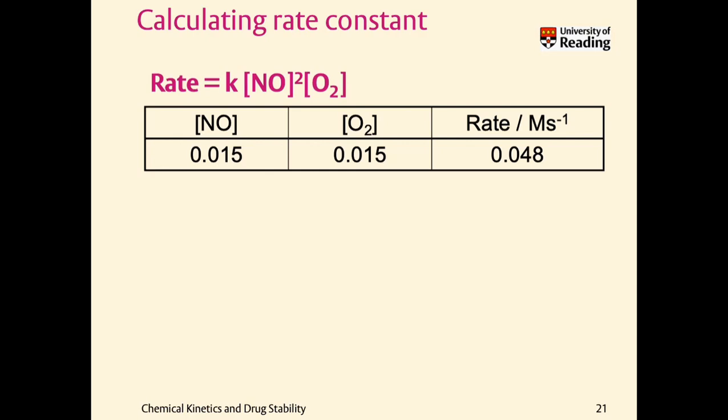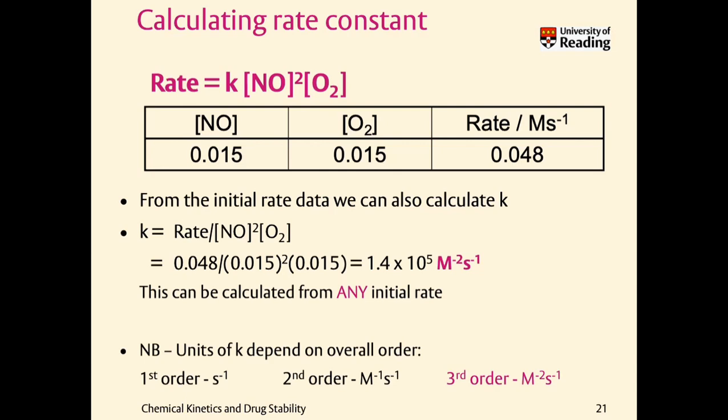In this case, the units of the rate constant are molar to the -2, seconds to the -1. If the overall reaction was first or second order, the rate constant would have different units because the equation would be different. That is, we have set up here to determine the rate constant. So here is an example for you to look through of determining the rate constant from that experimental set of data.